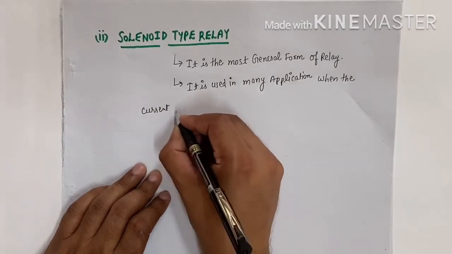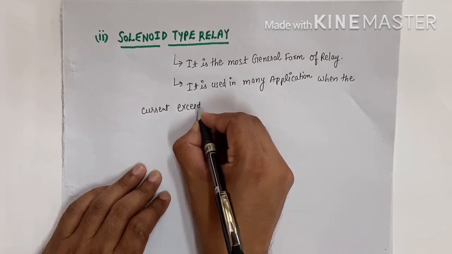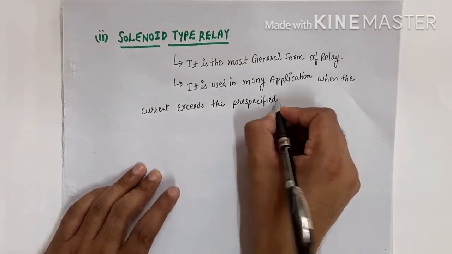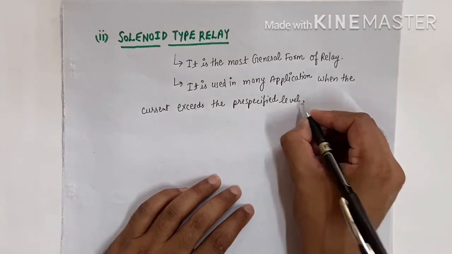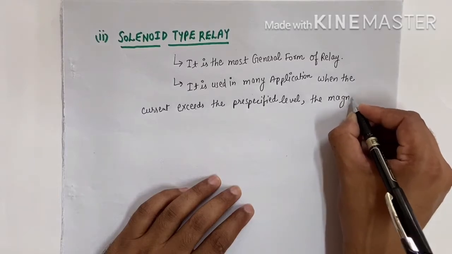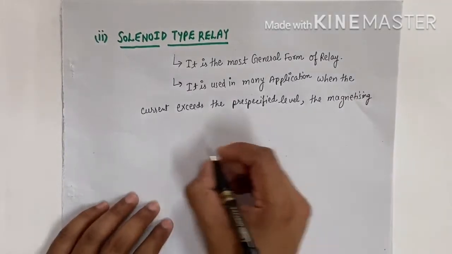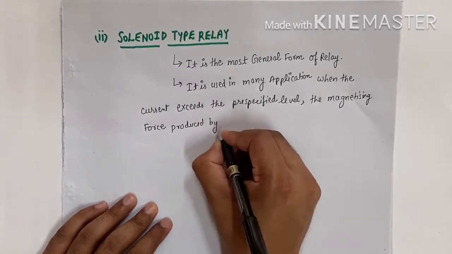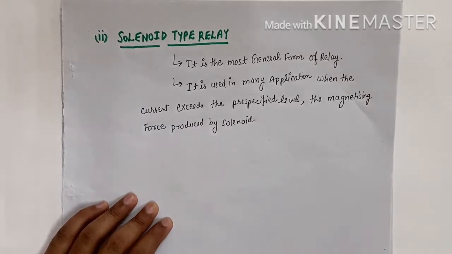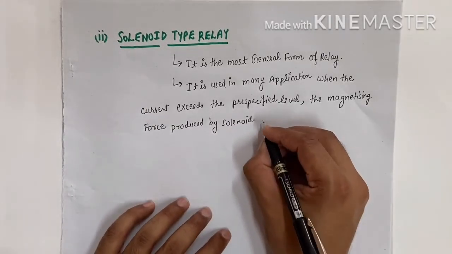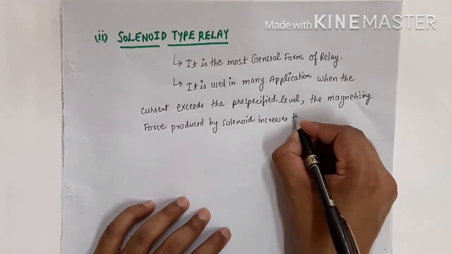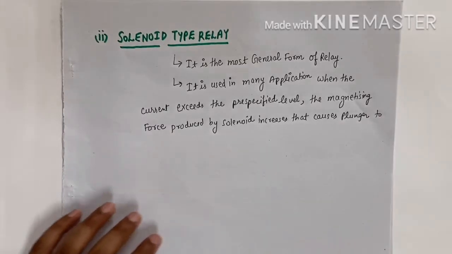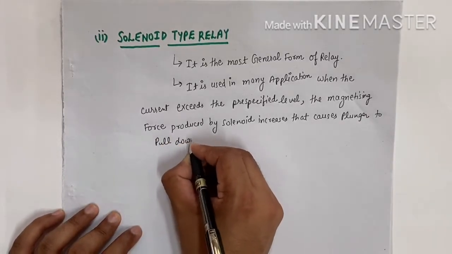When the current exceeds the pre-specified level, the magnetizing force produced by the solenoid increases, that causes the plunger to pull down. So this is about the solenoid type relay.